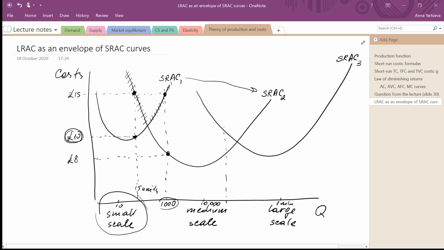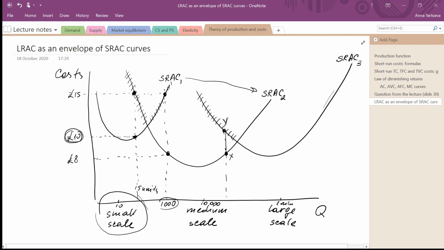When we operate somewhere here, it's better for us to operate at that point, let's call it point X, rather than at point Y. We're able to switch between this cost function and that cost function. Y is much more expensive for us, and we will not produce there.